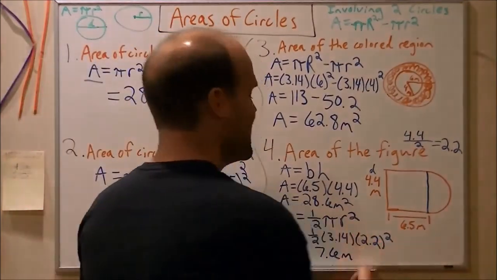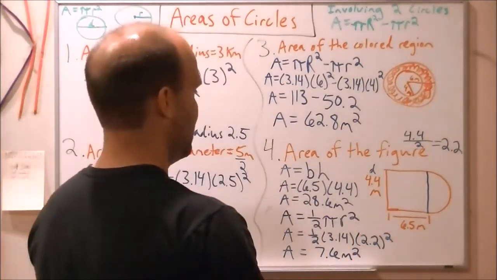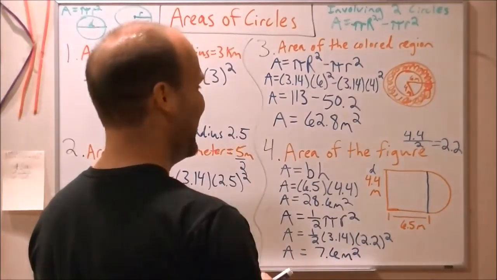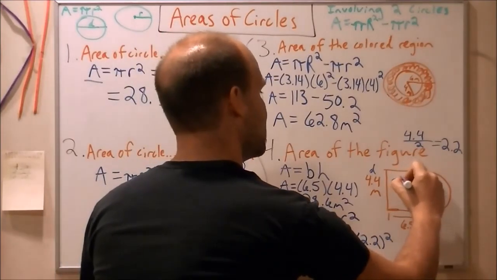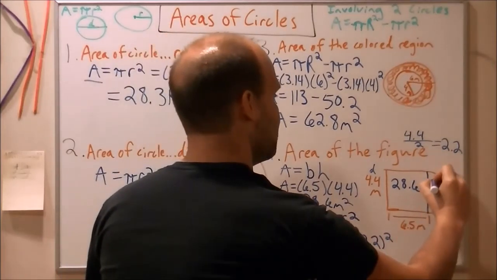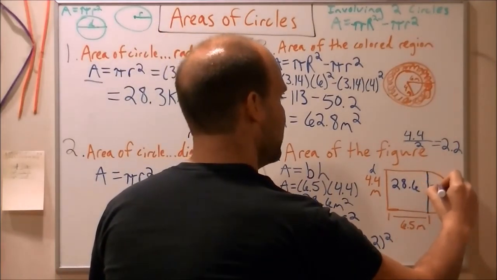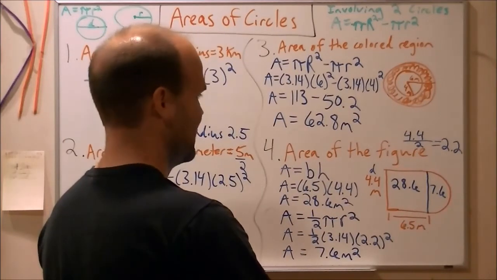Same as before, meters and squared, because we're finding area. So look, I'm still not done though. What I've done is I found the area of this rectangle is 28.6. And I found that the area of this half circle is 7.6.